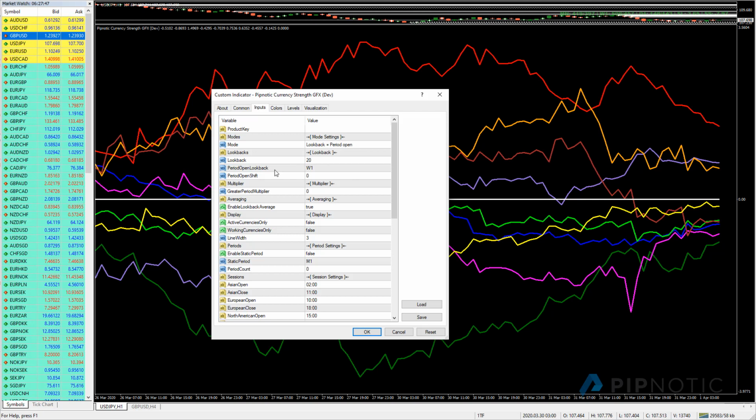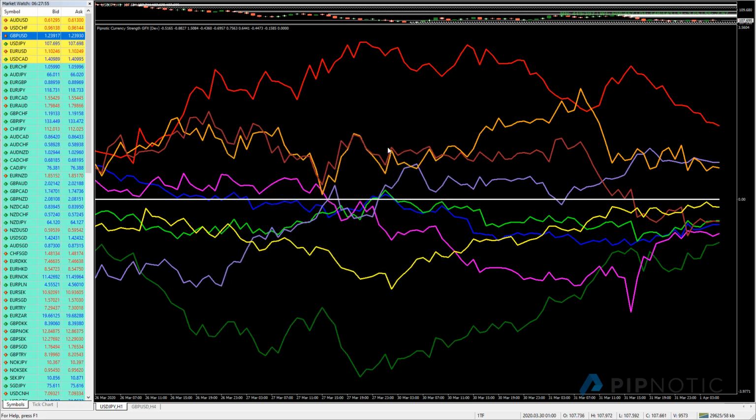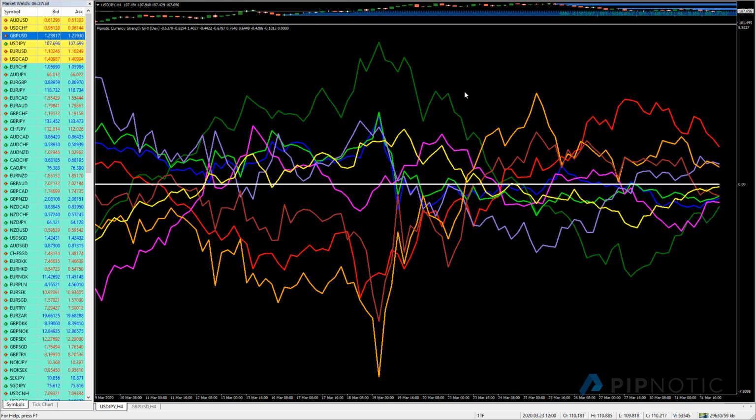Okay, so now it's looking at this setting here, period open look back. So now we want to look at currency strength now relative to currency strength at the open of the week. Okay, so if we go in here, you can see this is what currency strength has been doing since the open of the week. We had the American dollar, which was bought, we had the Australian dollar, which was sold off, and so now everything is kind of moving back to the mean.